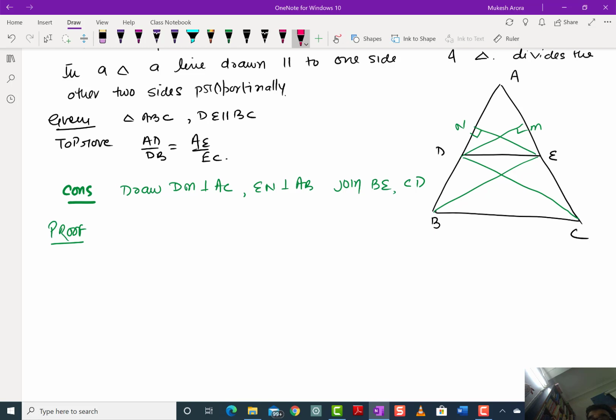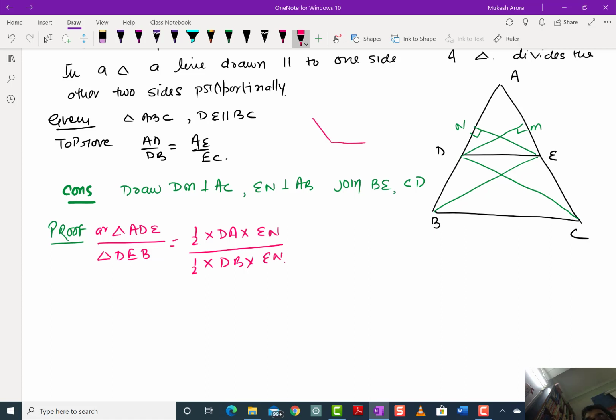Now we have to prove AD upon DB. So we'll take this left hand side. We'll take triangle ADE and triangle DEB. Area of triangle ADE and area of triangle DEB is half into DA into EN, and half into DB into EN.